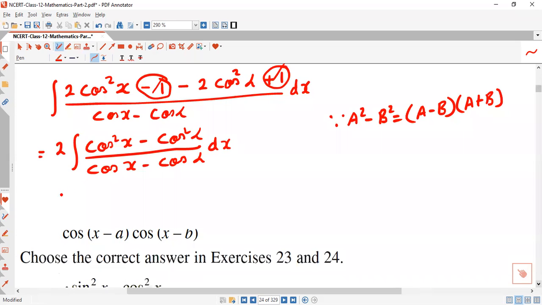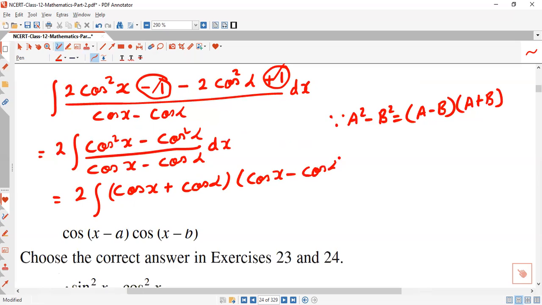So we are getting 2 times integration of cos x plus cos alpha multiplied by cos x minus cos alpha divided by cos x minus cos alpha, whole multiplied by dx.